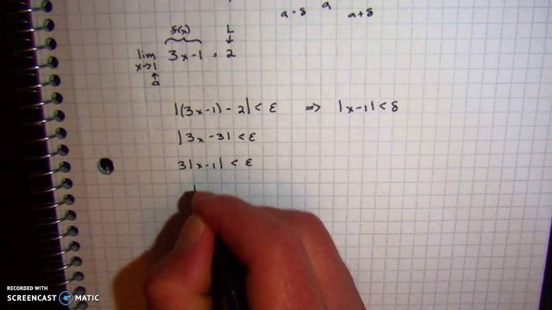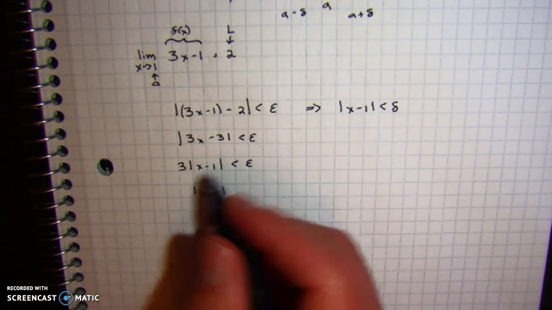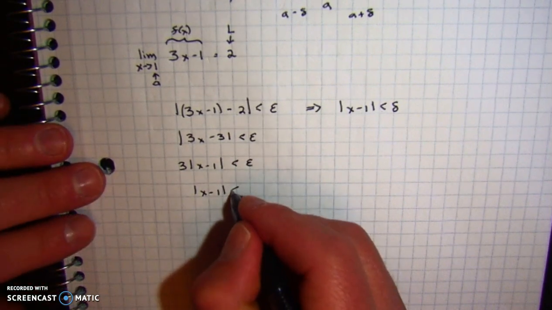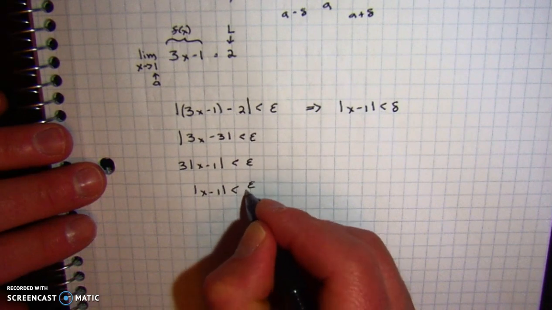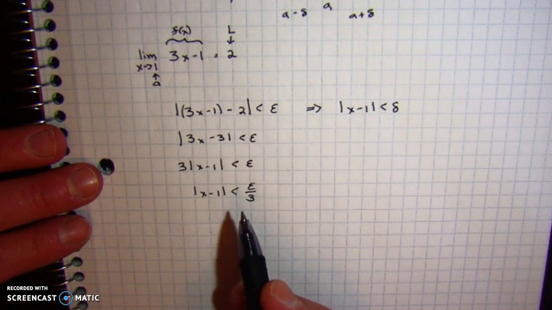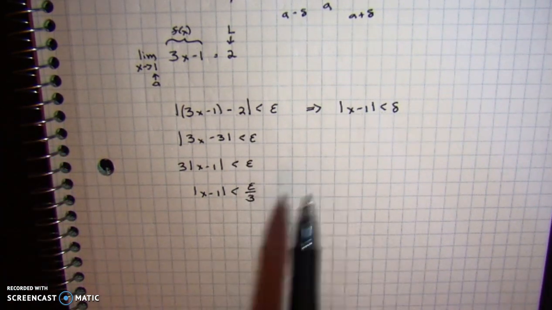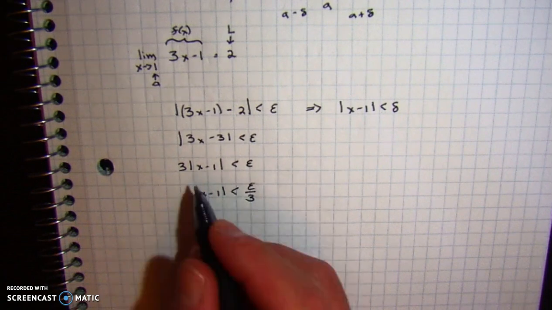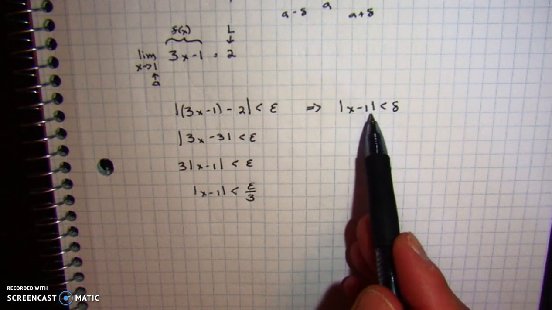I'm going to have the absolute value of |x - 1|, and I'm going to divide each side by 3. So on this side, the 3 cancels out, and it's less than epsilon over 3. All right, so now I'm looking good, because |x - 1| is the exact same as this |x - 1|.